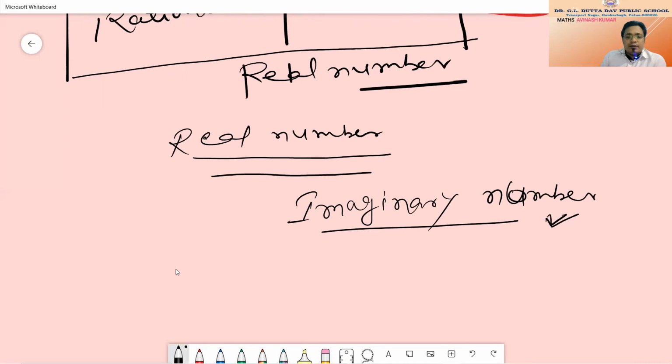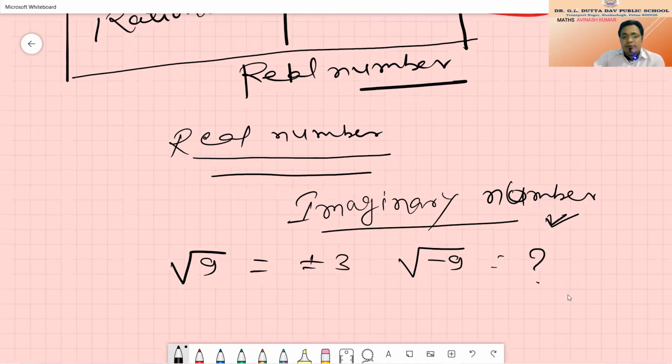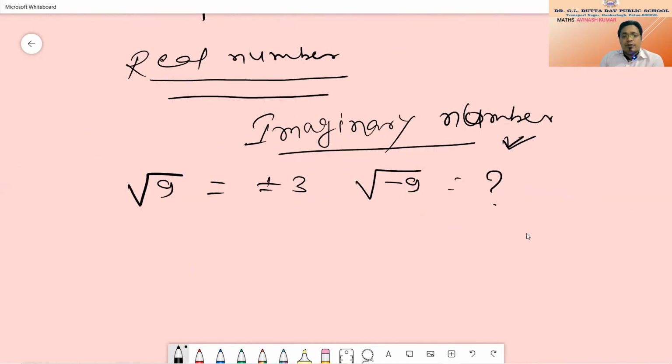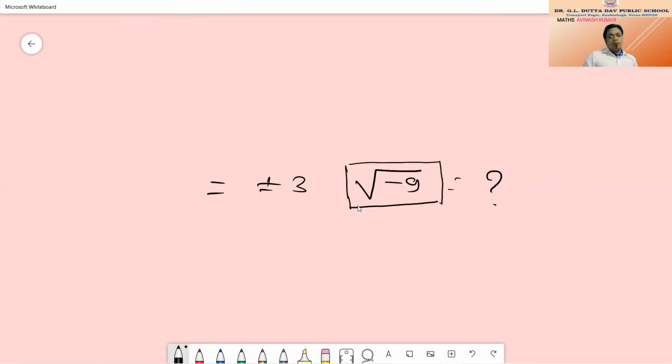What is an imaginary number? Suppose I ask you, what is the square root of 9? Easily you can say plus minus 3. But when I ask what is the square root of minus 9, we are unable to say. In class 11, we can. Students, in my class 11 video we will discuss imaginary numbers and complex numbers.